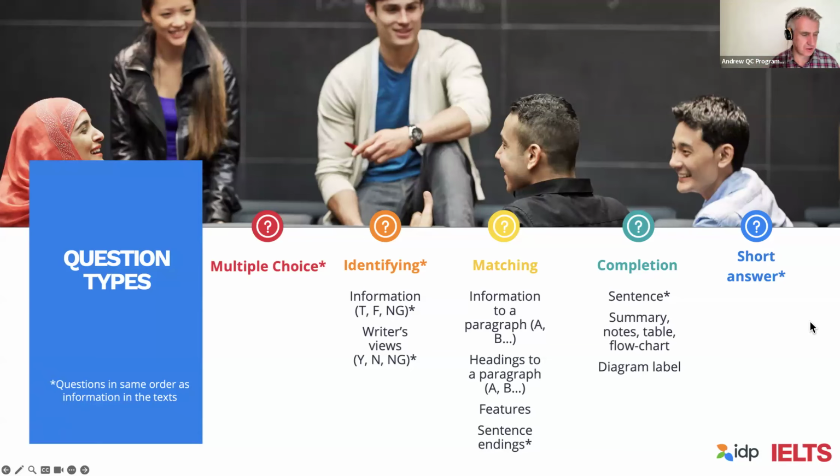So we've got multiple choice, short answer questions, sentence completion, notes, summary, diagram, flowchart, table completion, labeling a diagram, classification, matching, choosing suitable paragraph headings from a list, identification of the writer's views or claims, and those might be yes, no, or not given.